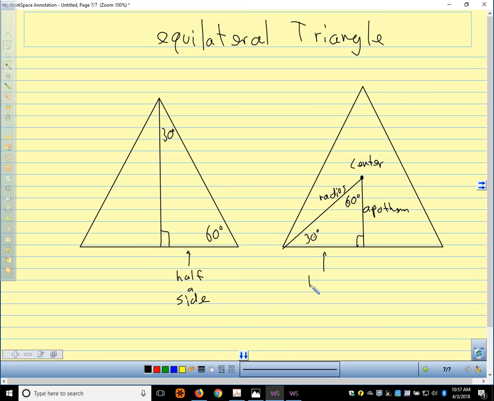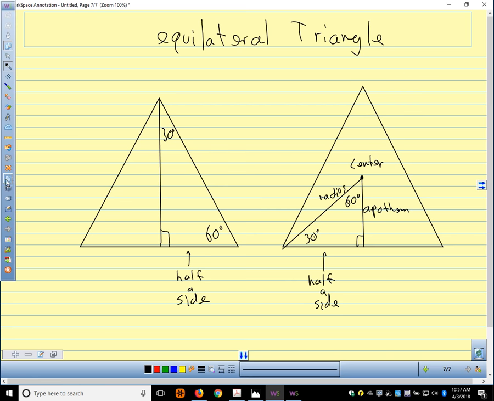And this is half a side. So sometimes you're given information about an equilateral triangle, and you need to use one or the other of these 30, 60, 90 triangles to find other information.